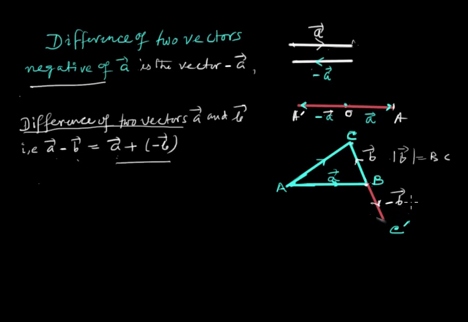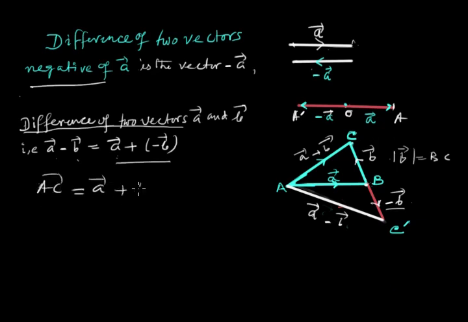So it is defined by minus B. Now, taking A as the initial point, if you join to C, this is vector A and this is minus B. So the addition of these two vectors gives A minus B, which is the difference of two vectors. So vector AC is defined by A plus B, and vector AC dash is defined by vector A minus vector B.